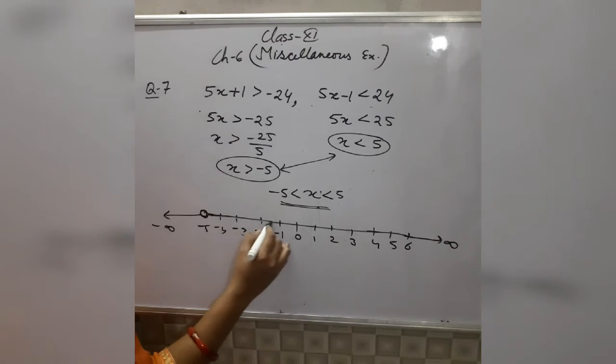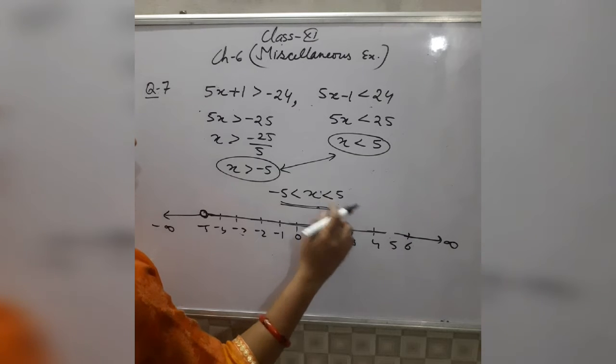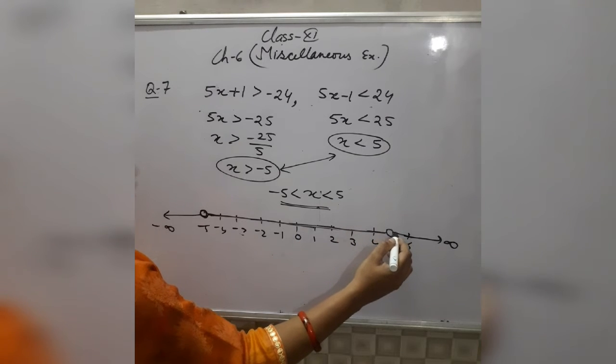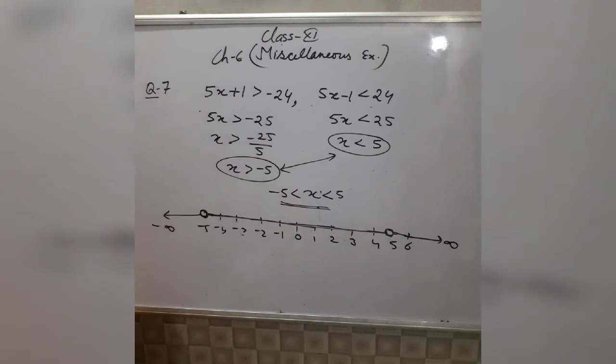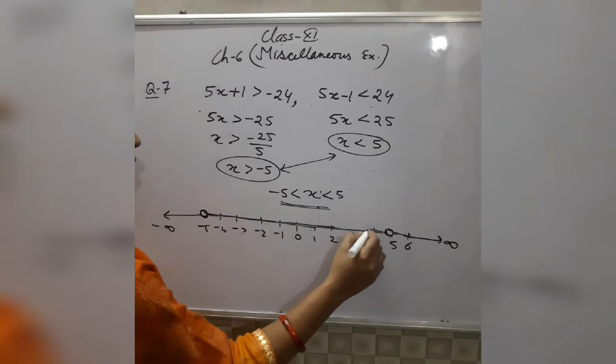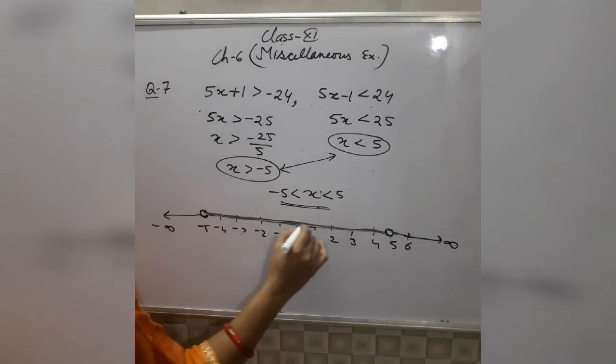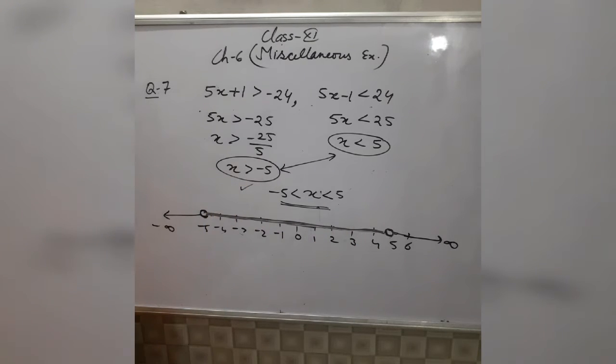We will take the values of x up to 5, less than 5. So 5 is also not included. Again this circle will be empty, a hollow circle you will draw. So you will highlight the line from -5 to 5. This highlighted portion is the solution of this linear inequality.